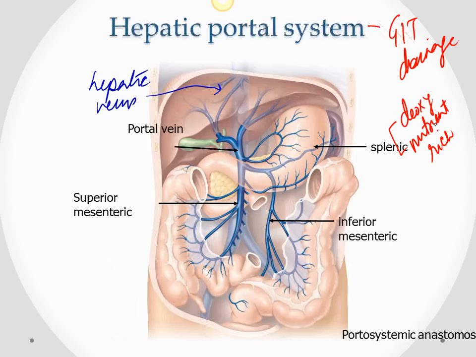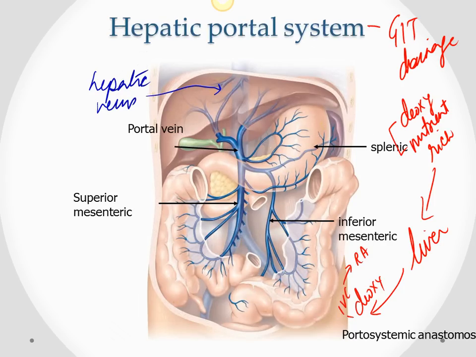So you first want it to go to the liver so that the liver can remove all the nutrients, deal with whatever it has to do, metabolize them, and then it will send the deoxygenated blood now, devoid of nutrients, back into the inferior vena cava and then back into the right atrium.